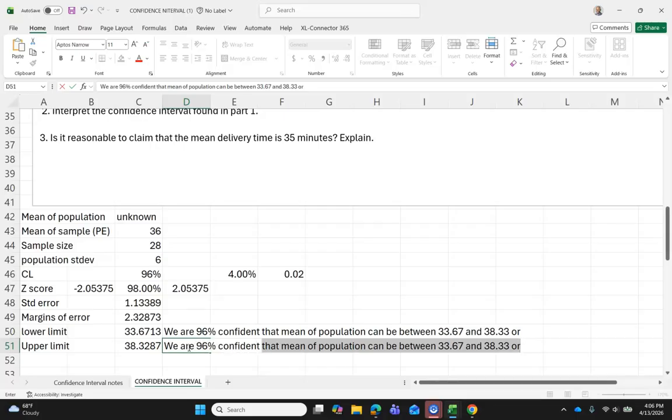We can say as well, we are 96% confident that the mean of the population can be, so we are going to use this mean of the sample, which is our point estimate, 36, with the margin of error of plus or minus 2.33.